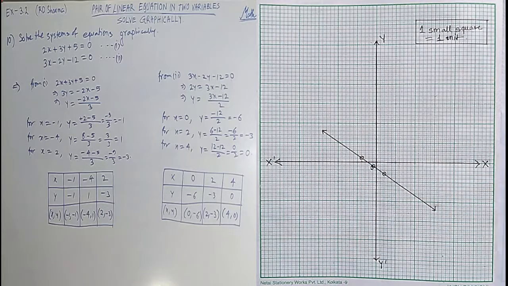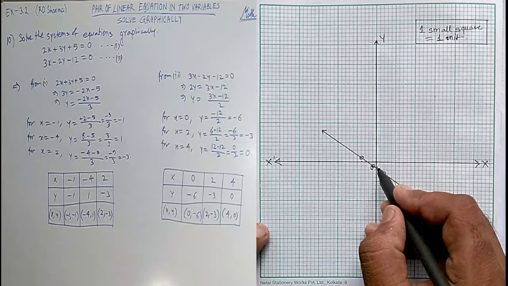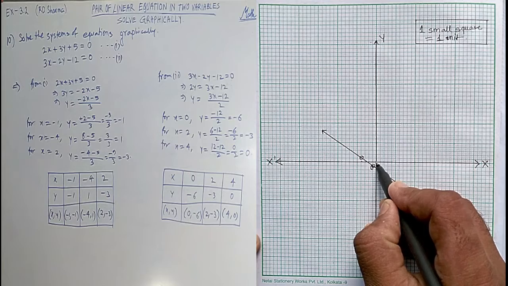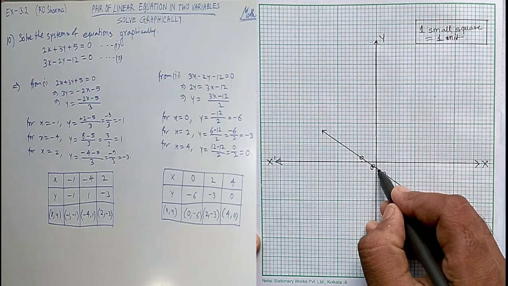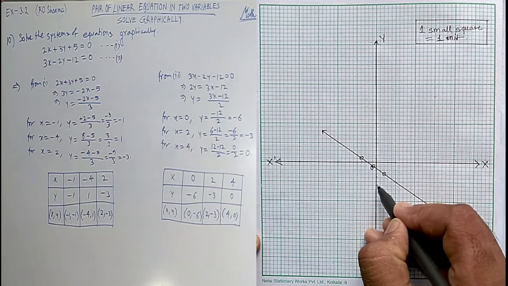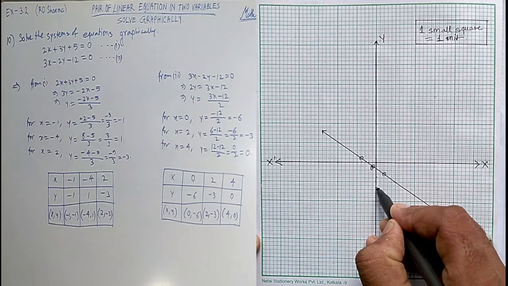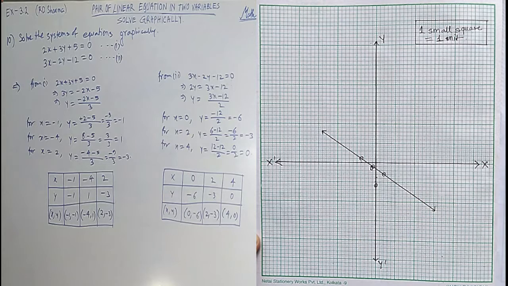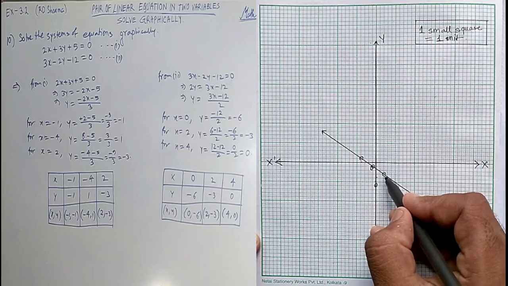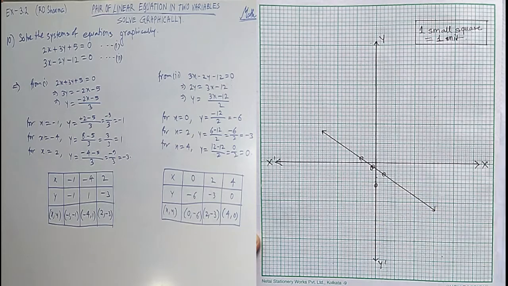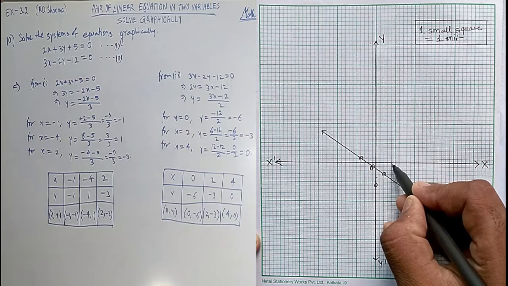Now we draw the second equation, and the coordinates of the second equation are 0 comma minus 6, that is x equals 0 and y equals minus 6, that is 1 2 3 4 5 6, this point. And the next coordinate is 2 comma minus 3, that is x equals 2, y equals minus 3, this point also. And the next is 4 comma 0 on the x-axis.